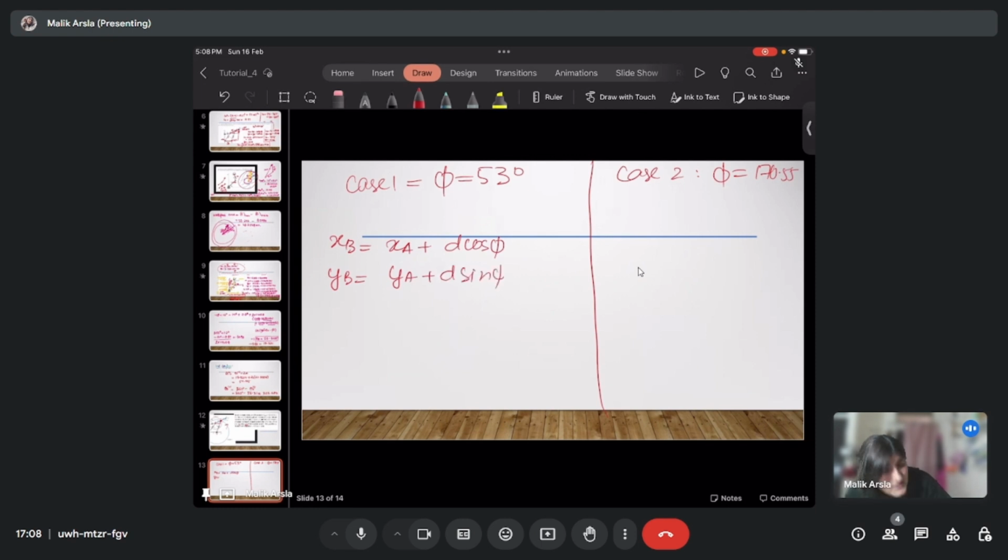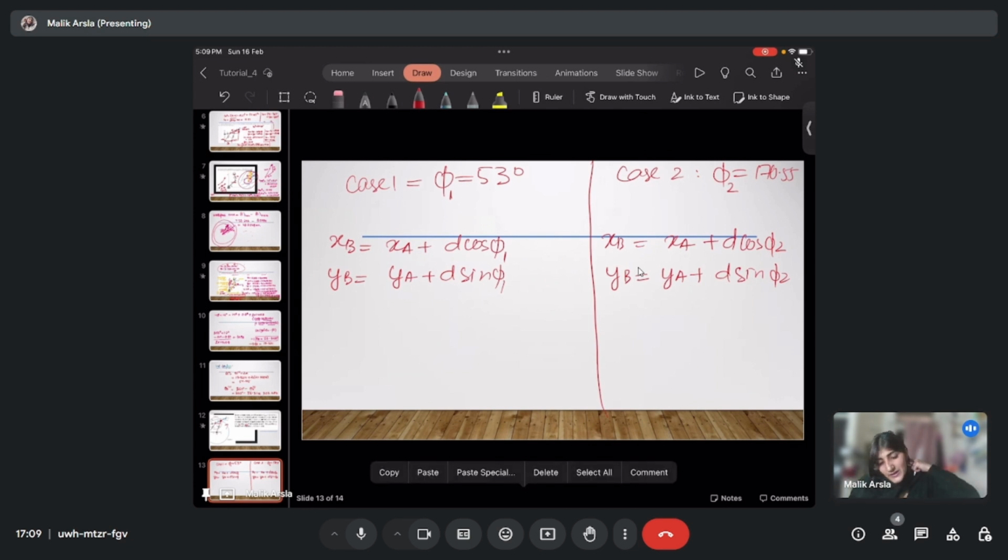Okay, this we have been doing in so many questions. Now here phi will be phi 1, and here the coordinates of A don't change, but phi 2 changes.